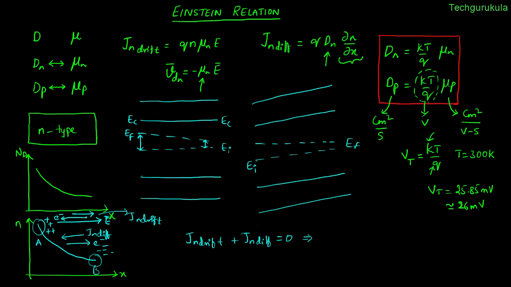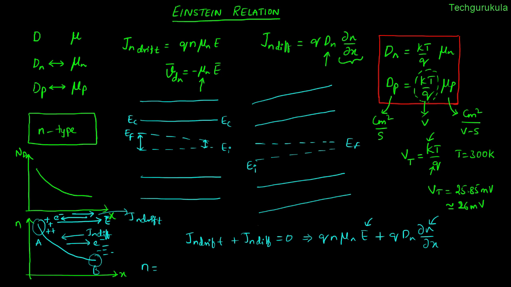Now if you write the expression for this, Jn drift is q n mu n times electric field, plus Jn diffusion, which is q times Dn del n by del x. Now the question is, what is the electric field and what is n?